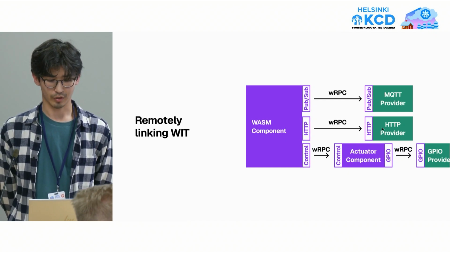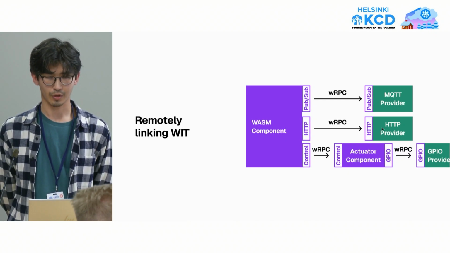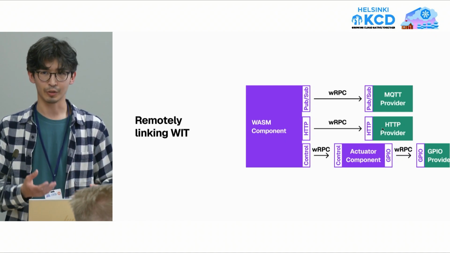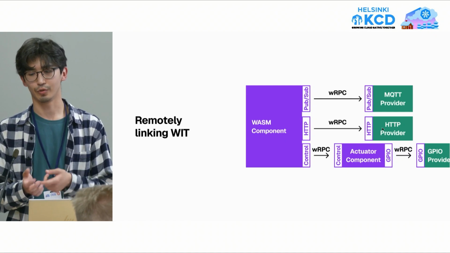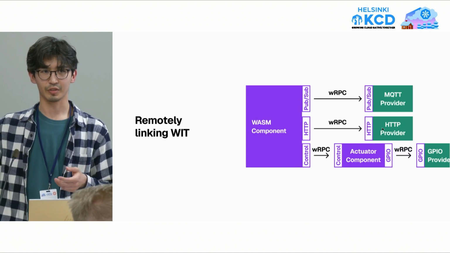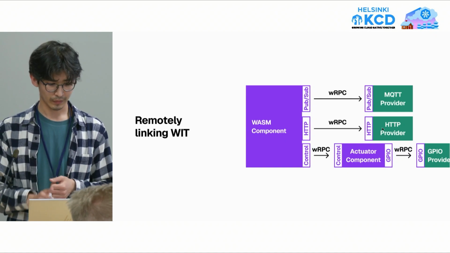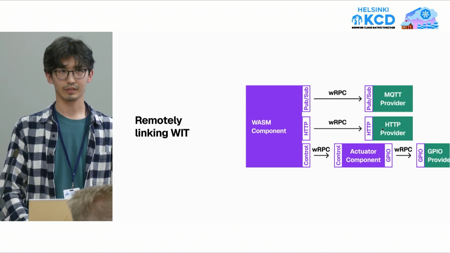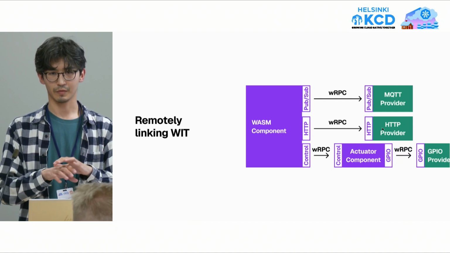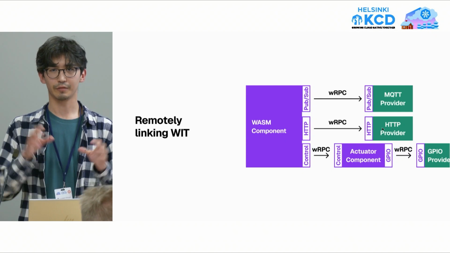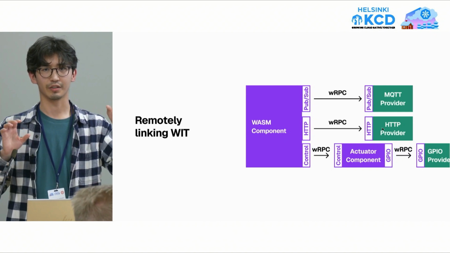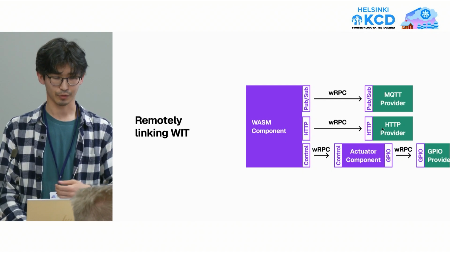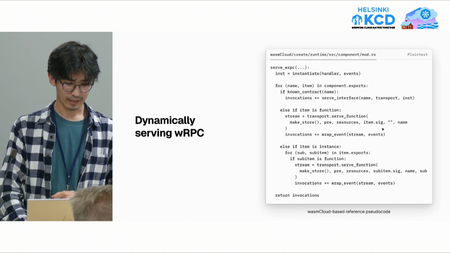And with wRPC, you can have your capability providers defined anywhere, for example, as a plugin on your runtime or on a completely different device in the network. And Wasm Cloud ships with a lattice, their network mesh through which different WebAssembly components and capability providers communicate and enable this sort of dynamic linking.